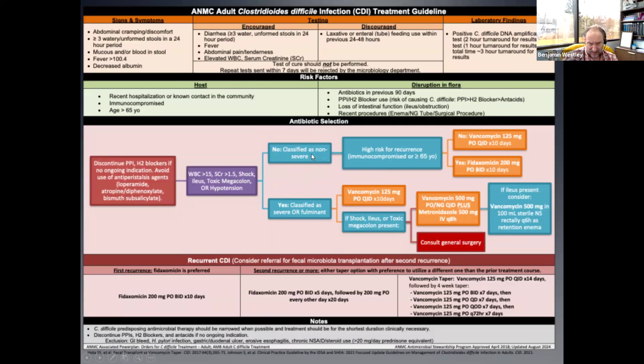But if they're not very sick, however, they're a high risk for recurrence, immune compromised or over age 65, that's where we favor fidaxomicin versus vancomycin to reduce the relapse risk. And then for recurrent disease, we do favor fidaxomicin because it does appear to minimize the risk of relapses.